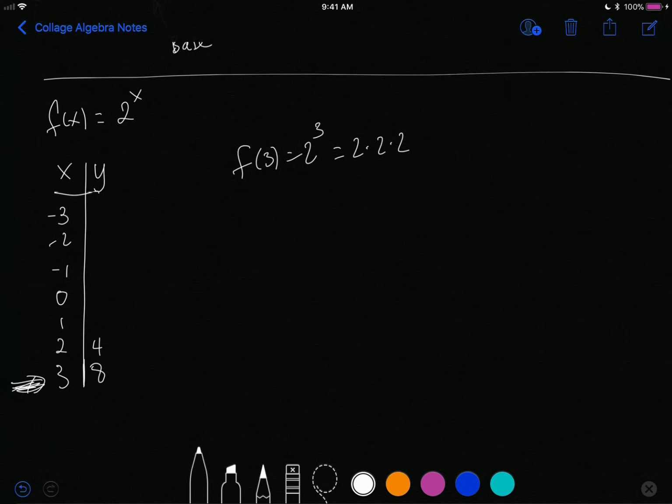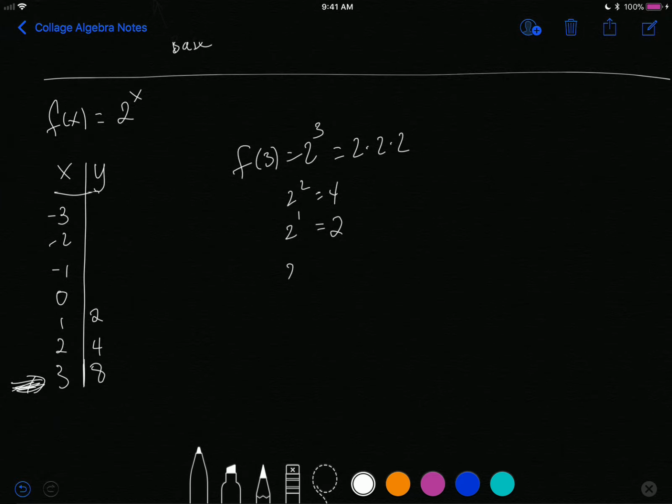2 squared is 4. 2 to the first power, and that's one of the rules that you need to learn about exponentials: any number raised to the first power is itself. We often simply don't write the exponent down. And so 2 to the first power is equal to 2.